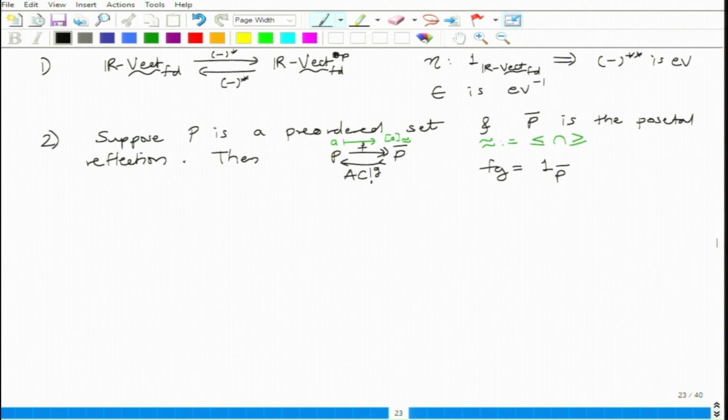So this is just clear. And what will be GF? An isomorphism from P to the representative. Right, GF of P is isomorphic to P for any P in capital P.